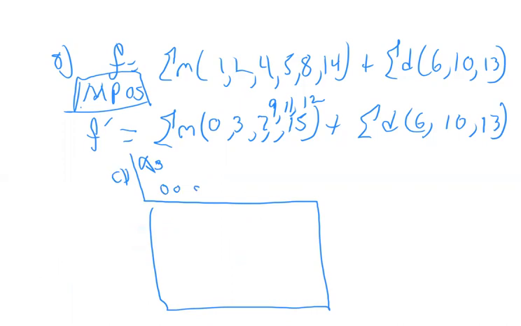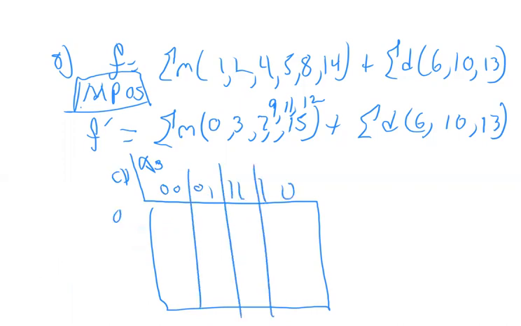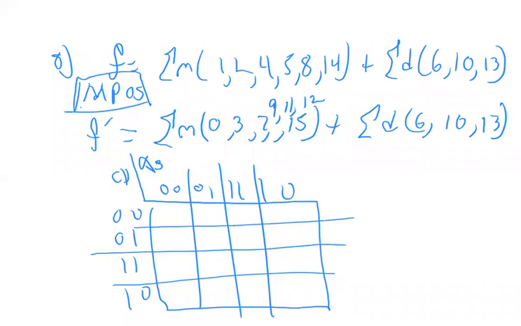0, 0, 0, 1. Zero, 1, 2, 3, 4, 5, 6, 7. I'm counting out loud because I don't know how to count. 8, 9, 10, 11, 12, 13, 14, 15.